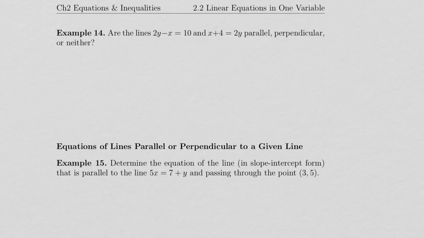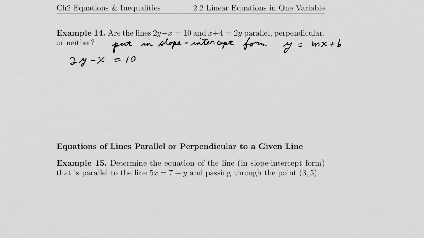Put them both in the y equals mx plus b form. And then we can just look at the slopes, look at the y-intercepts, and see what's going on. So how do I do that? I need to solve both of them for y, right?